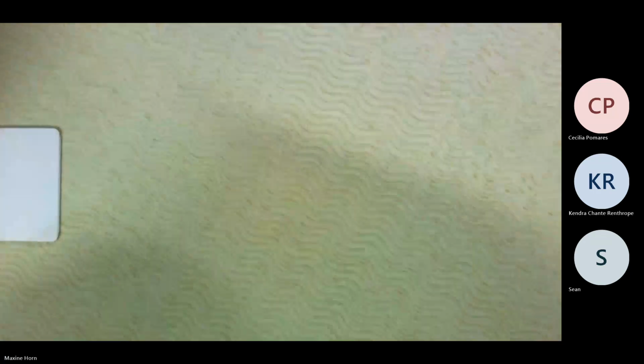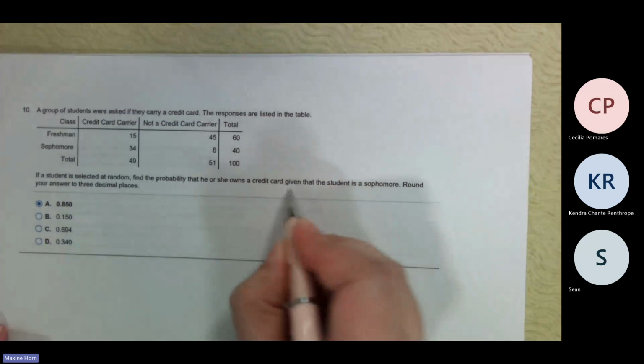All right. Okay, number 10. A group of students were asked if they carry a credit card. The responses are listed in the table. If a student is selected at random, find the probability that he or she owns a credit card given that the student is a sophomore. Okay, so when you have one set up like this, the given becomes your sample set.